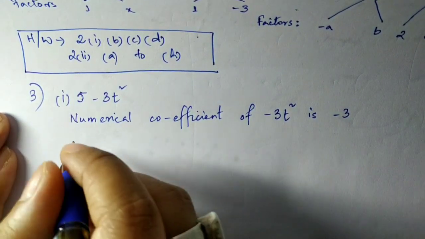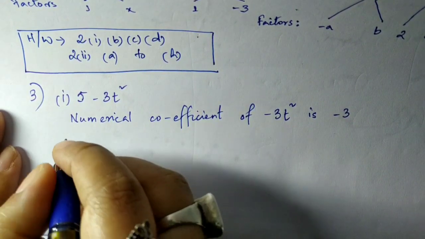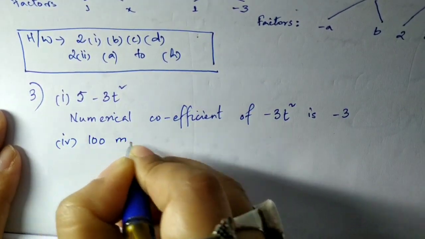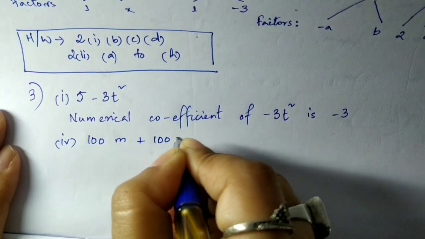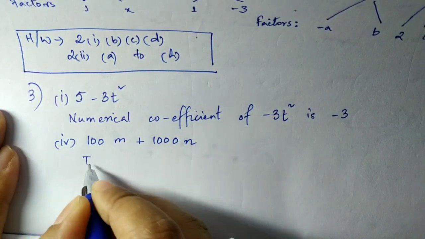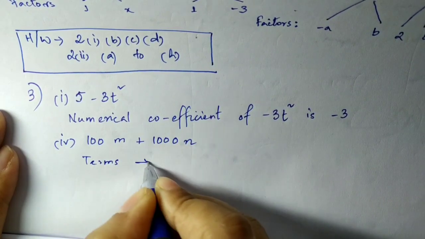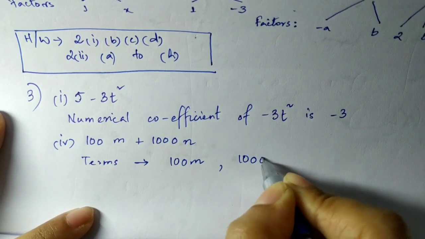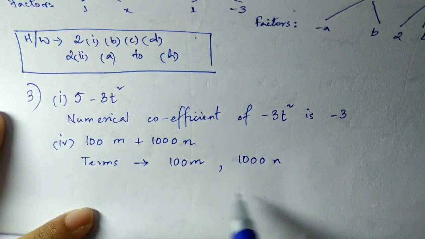Similarly, here if I show you number 4, it's given as 100m plus 1000n. So there are two terms, one is this and one is this. Here the terms are 100m and 1000n, and both are not just constants, like this 5.